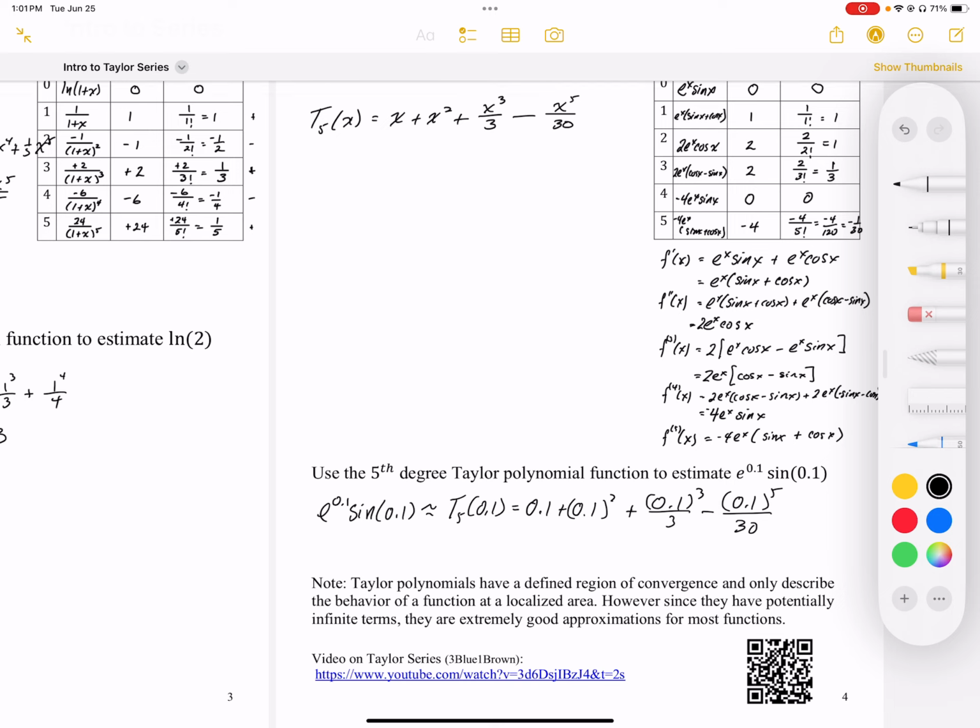Okay, so working that out, plugging that all into my calculator, I'm going to end up with 0.1 plus 0.1 squared plus 0.1 cubed divided by 3 minus 0.1 to the power of 5 divided by 30.